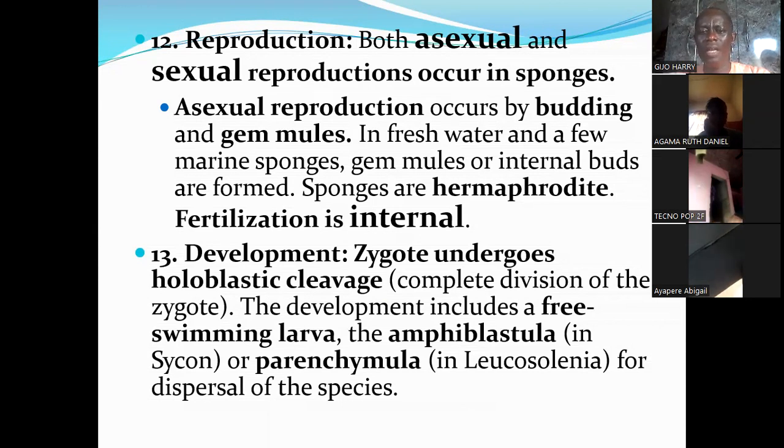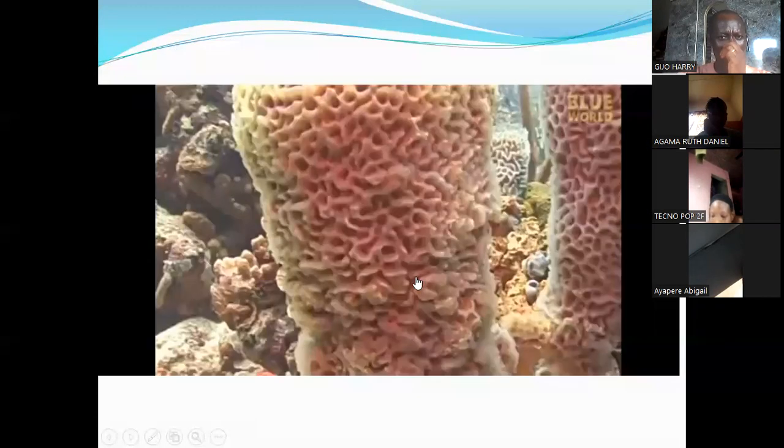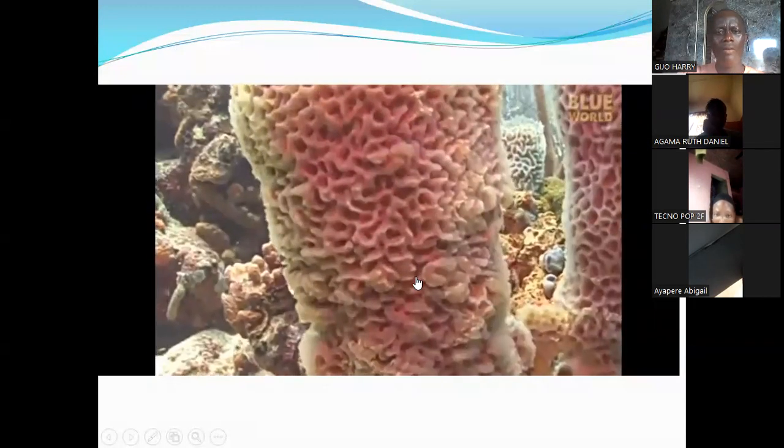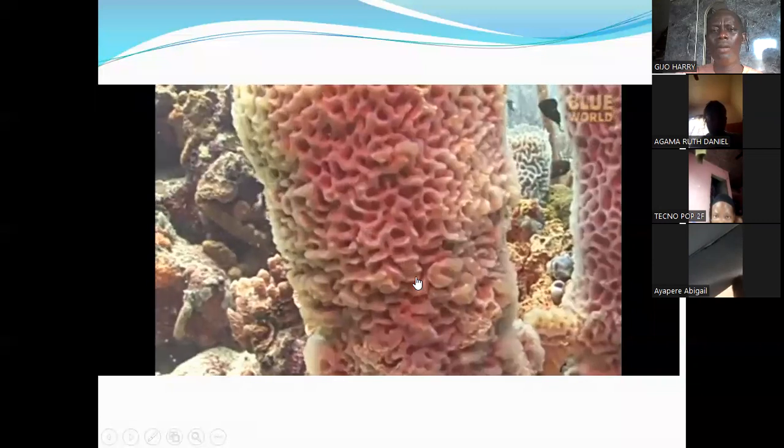That free swimming larva is called either the amphiblastula or the parenchymula. When they mature, they settle on a substrate and become sessile. So adults are incapable of moving from one place to another, but the larval stages can.